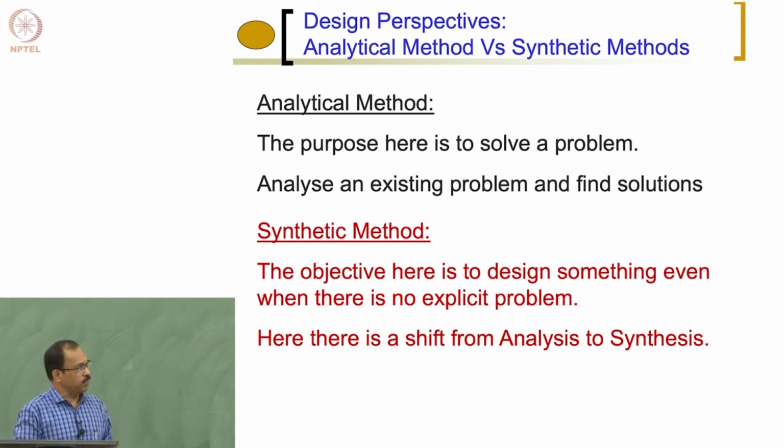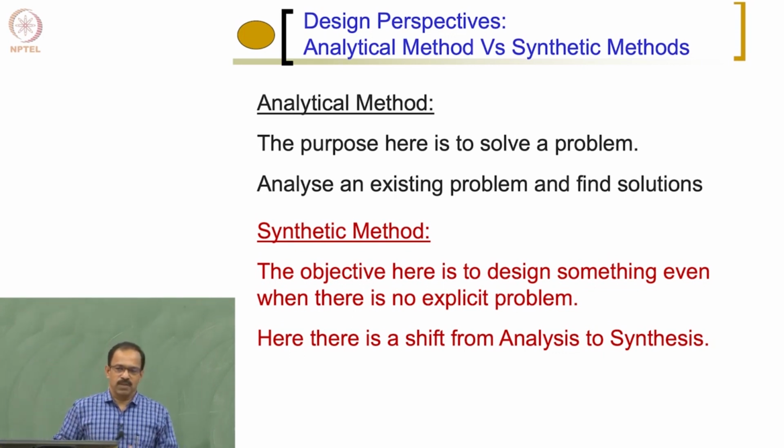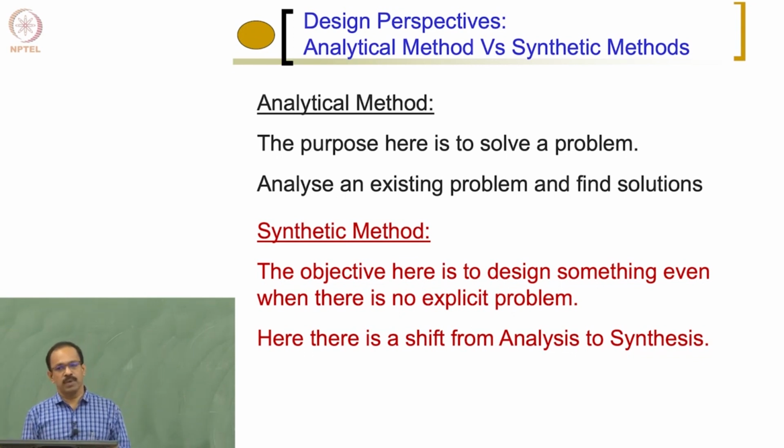You analyze an existing problem and find solutions. That is known as the analytical method of product development. WhatsApp has some problem, your mobile phone has some problem, or your laptop has some problem, and I will try to develop a new method and get the solution.